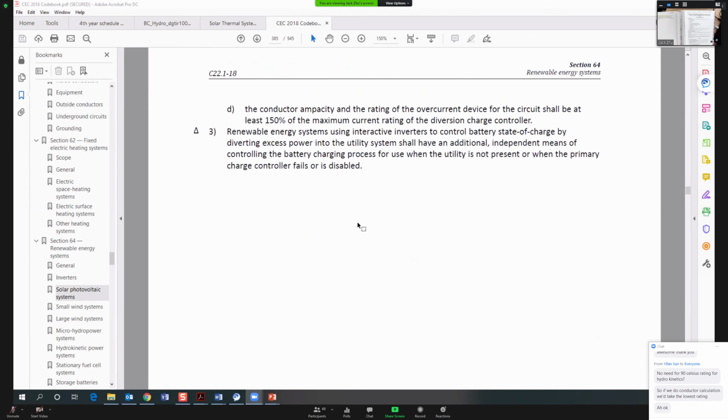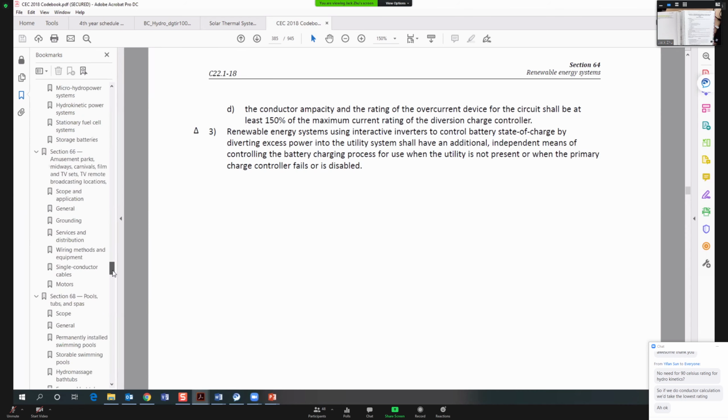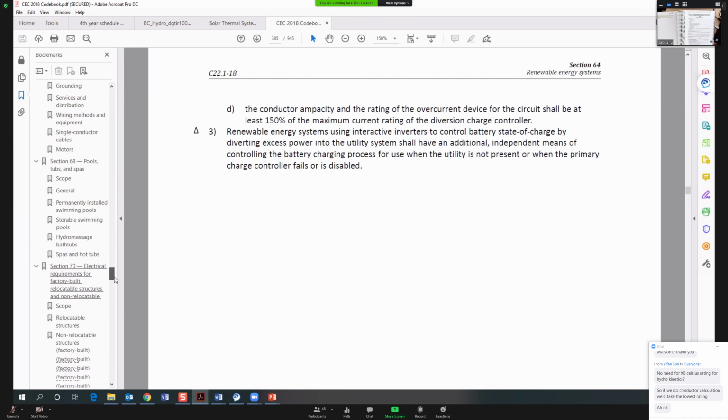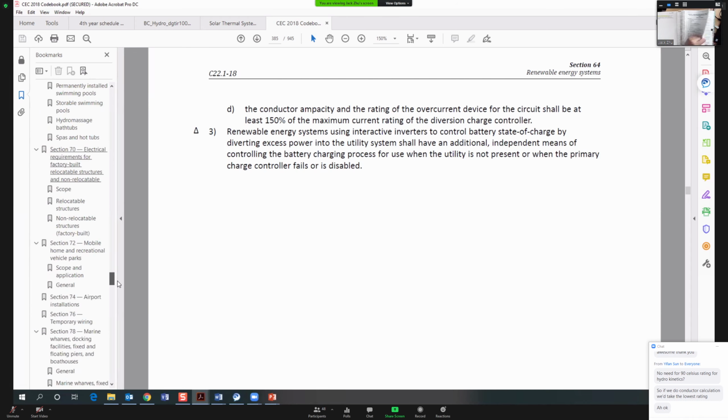Okay, so the main thing is section 64, but if you ever go to the real job, you should know section 84 or 86, let me see. 84, I think.